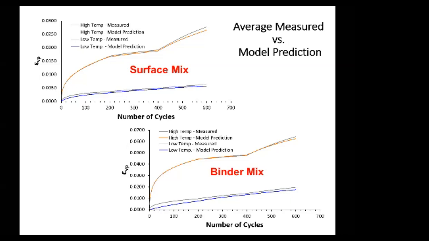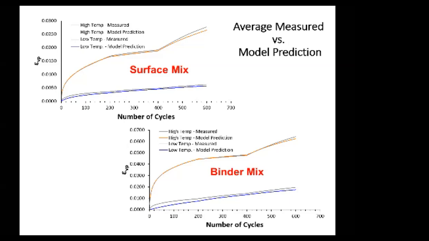So we fit the viscoplastic shift model to the data we had, and you can see that the shift model was able to capture the viscoplastic response of the surface mix and the binder mix under the loads of the SSR test. So the model works. The model can predict the behavior of asphalt at high conditions with high viscoplastic strains being accrued.